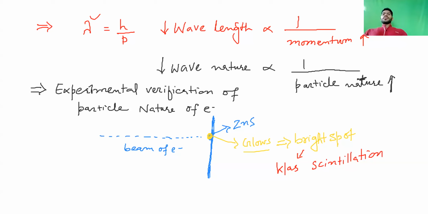When one electron strikes, it produces one bright spot. This bright spot is localized, at its own position. So this electron, which is producing this bright spot, has particle nature, because particles are always localized. Have you noted this down? Shall I move to the next page? Then I will explain the difference between a particle and a wave. Yes, sir. Okay.